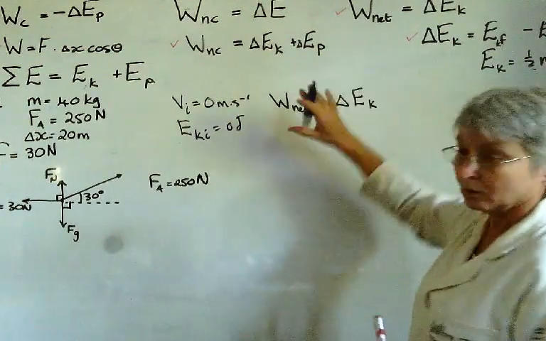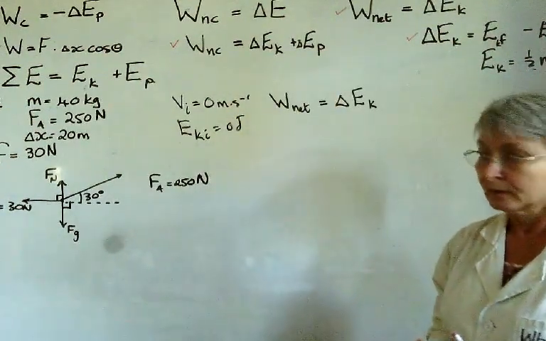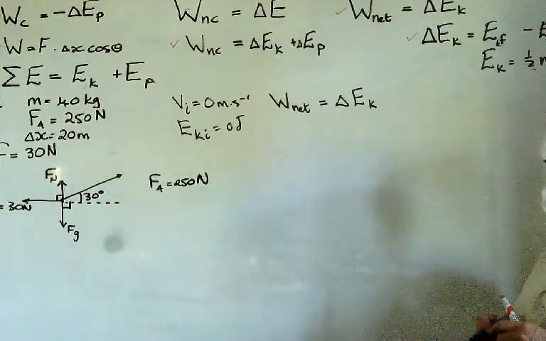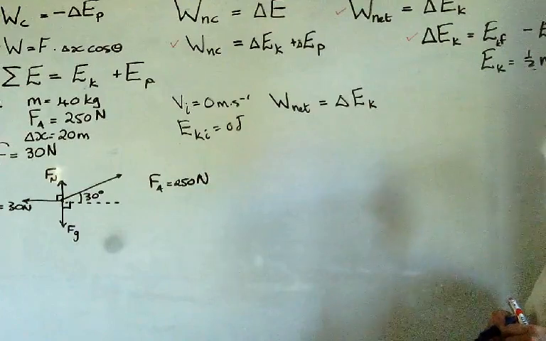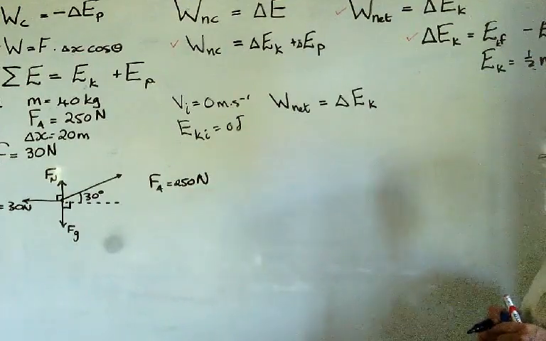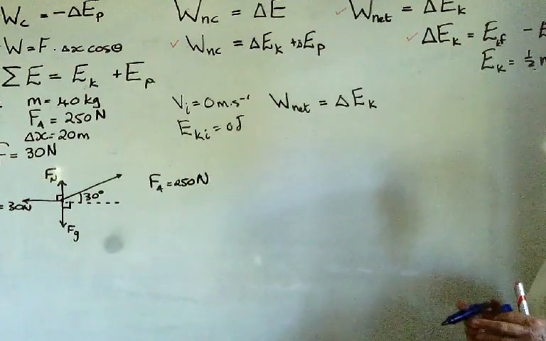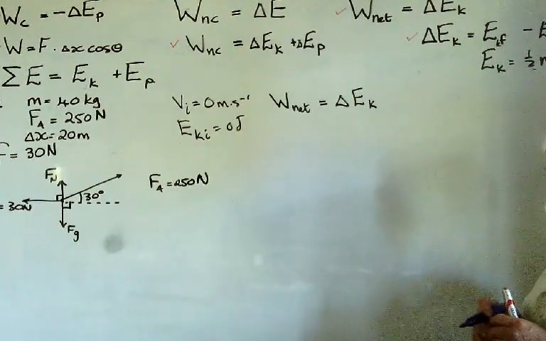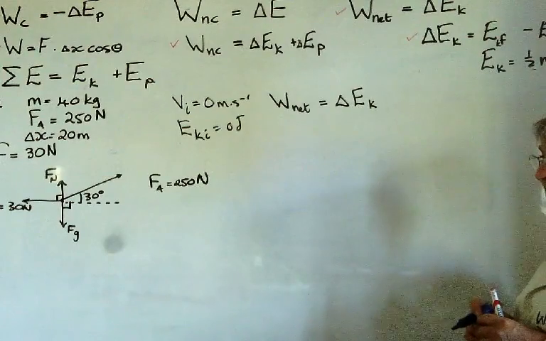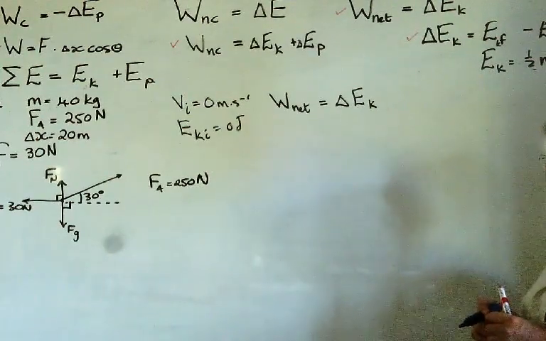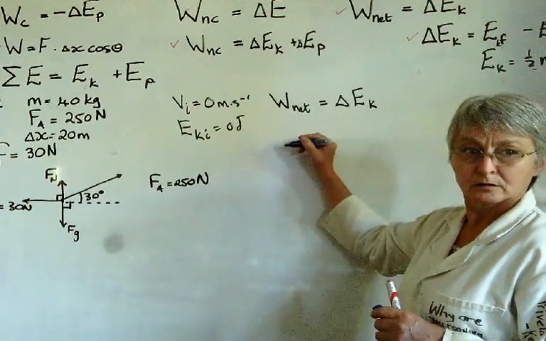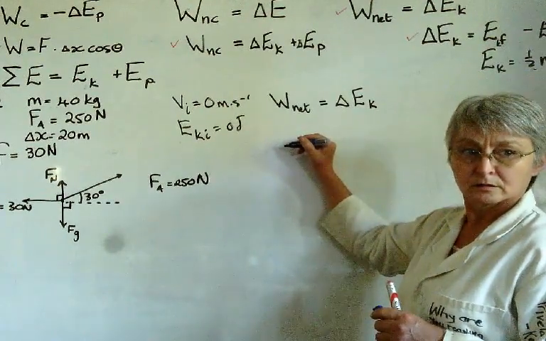Okay. Now, for the W net, what do you want to do? Calculate friction. We've got friction as 30, we've got applied force as 250. The work done by the friction. I was going to ask, we calculated W net in the previous example.